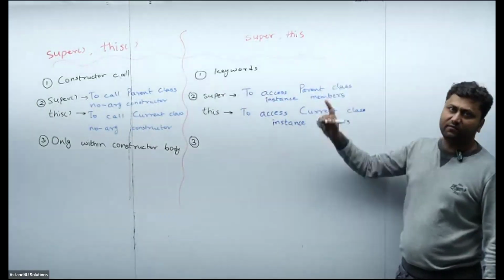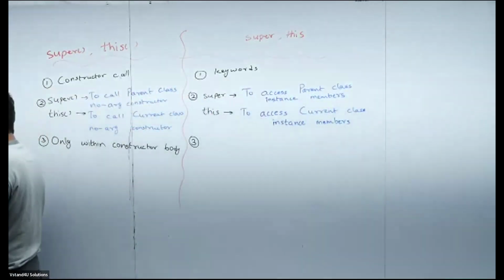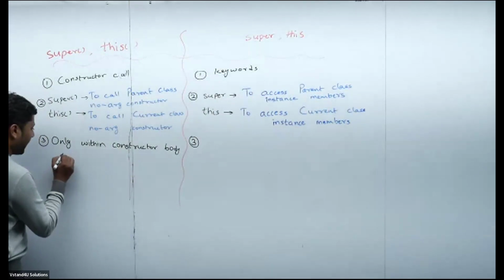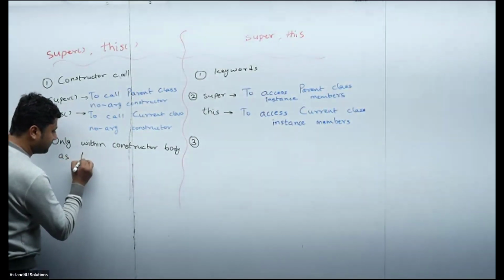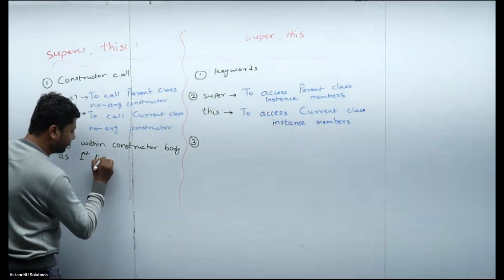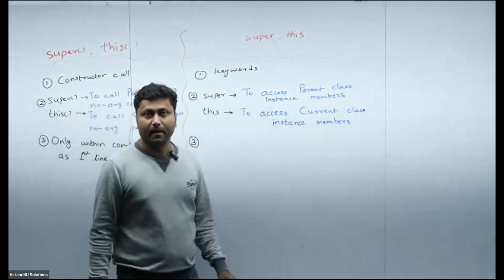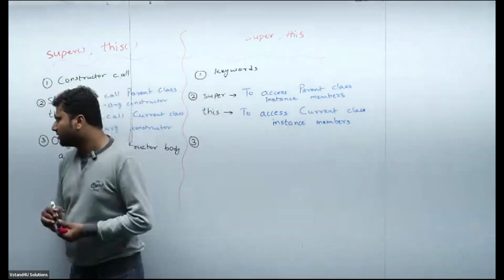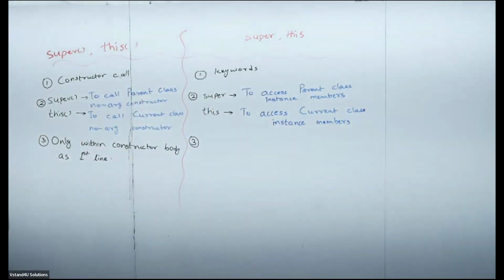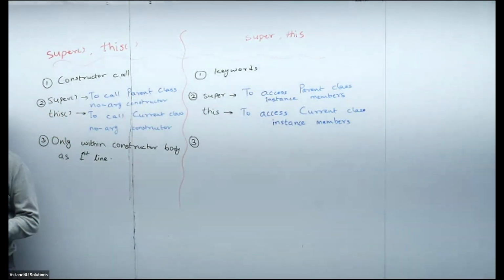Super keyword, this keyword, where all can it be used? Anywhere. Okay, perfect. As first line, somebody wrote, very correct. Where all can this be used, guys? Perfect. It can be used except static block.